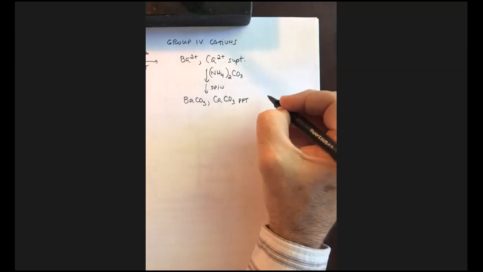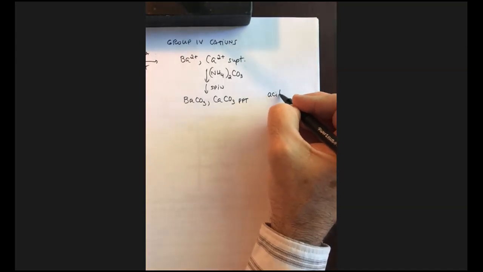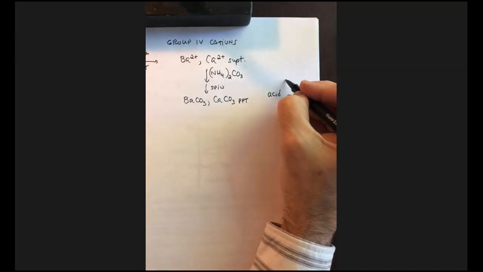So if I now add acid, carbonate ions are going to convert essentially into carbon dioxide gas. You remember the sequence: this gets protonated to bicarbonate, then carbonic acid, and carbonic acid decomposes to carbon dioxide, which bubbles out of the solution.